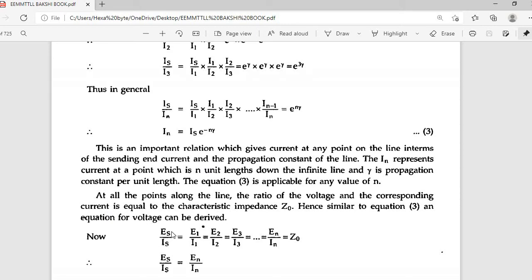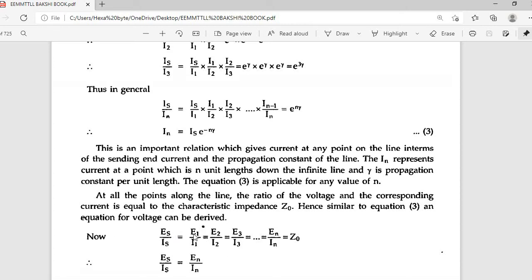So now in terms of voltage, see here at all the points along the line, the ratio of the voltage and corresponding current is equals to the characteristic impedance. See, characteristic impedance always equals that section's voltage to that section's current. The starting section, sending section, ES by IS, is Z naught.